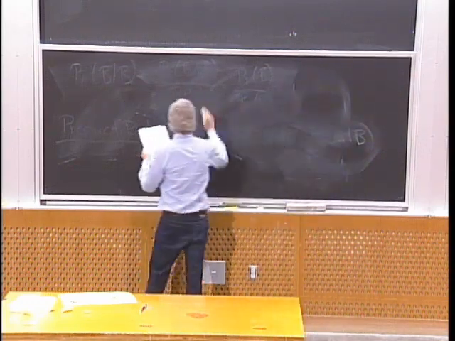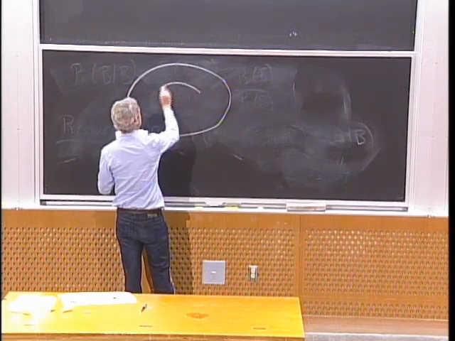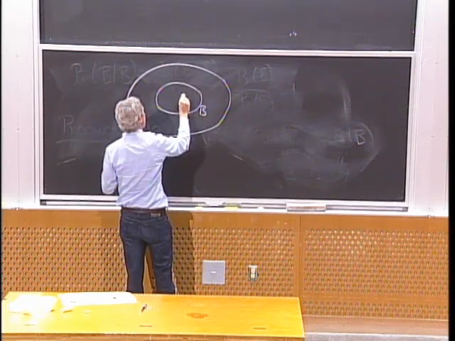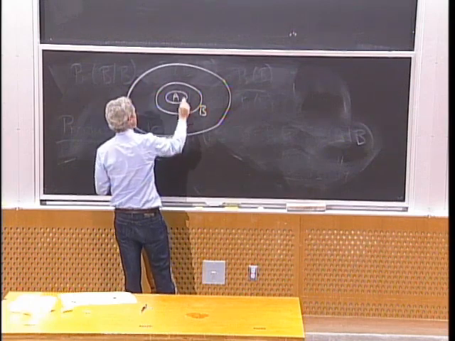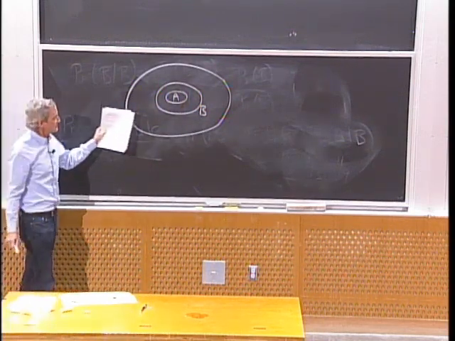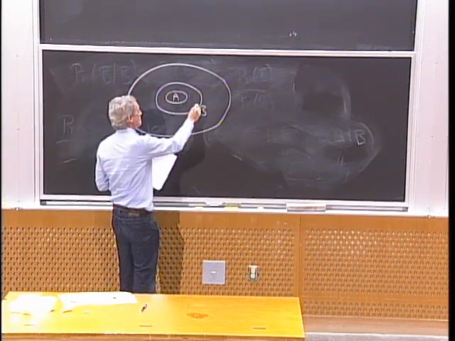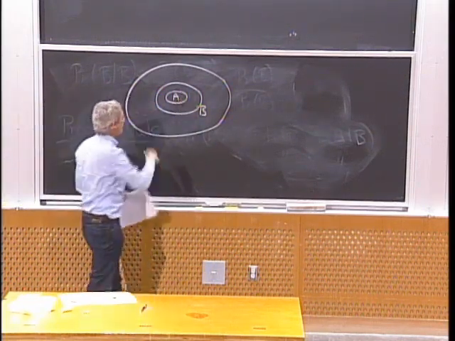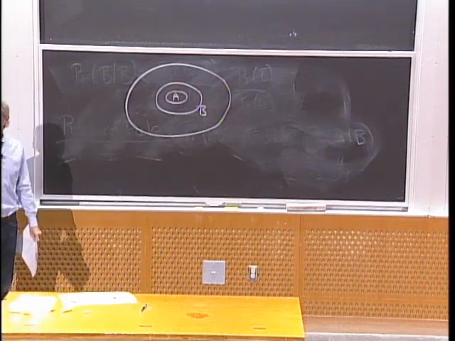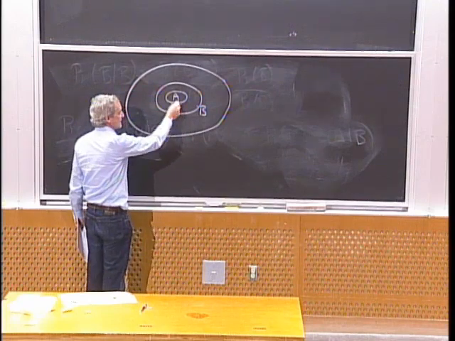All right, so say that here's your sample space, and say that this is B, and this is A. What's the probability of A given B in this case? 1. If you're in B, oh, wait, no, it's not 1. What's the probability of A given B? Probably less than 1.